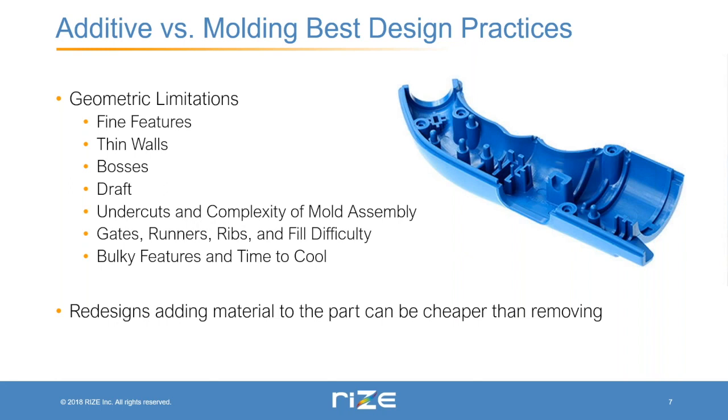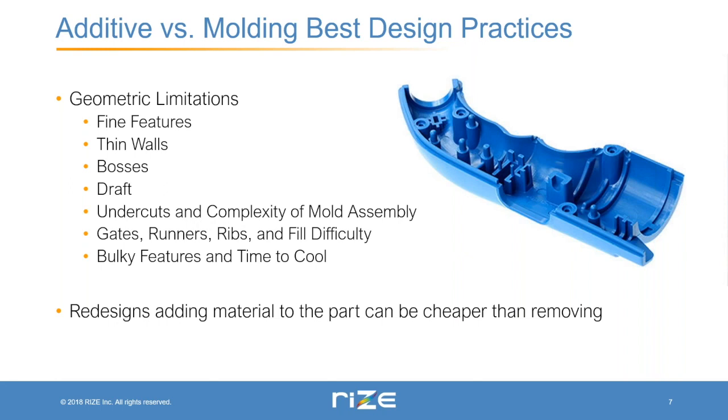So a final thing to look at is the fact that, as I mentioned, when redesigning a part for molding, it will often be very expensive because you'll have to go right back to the beginning of the process and create a new mold.